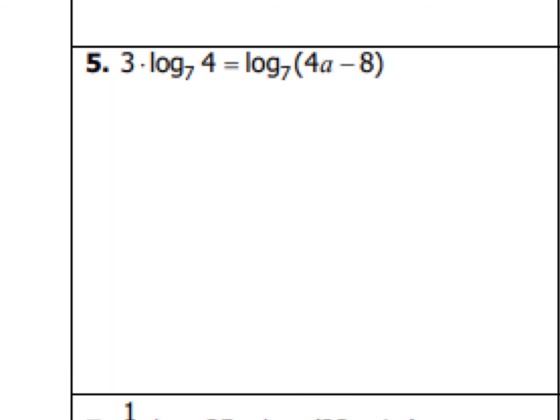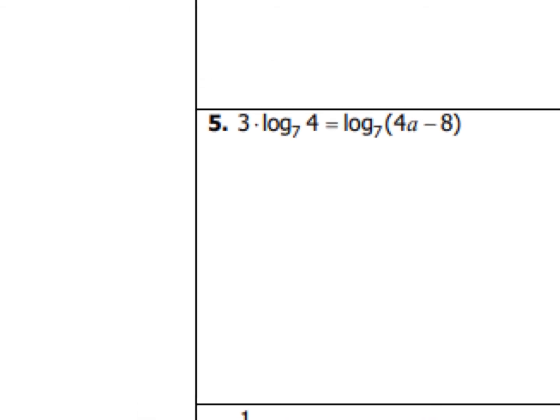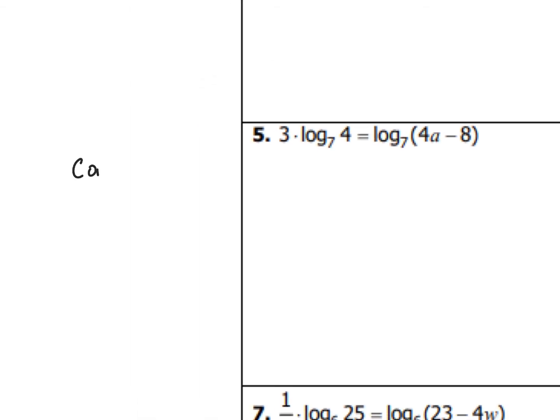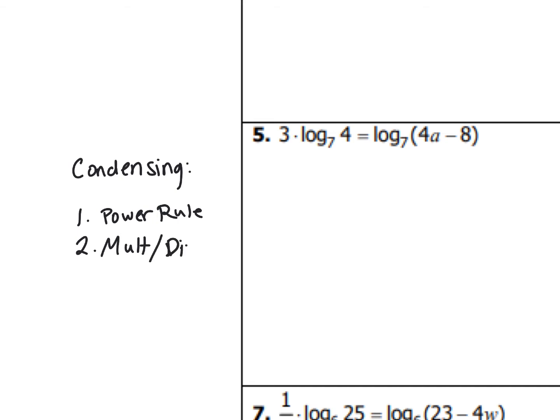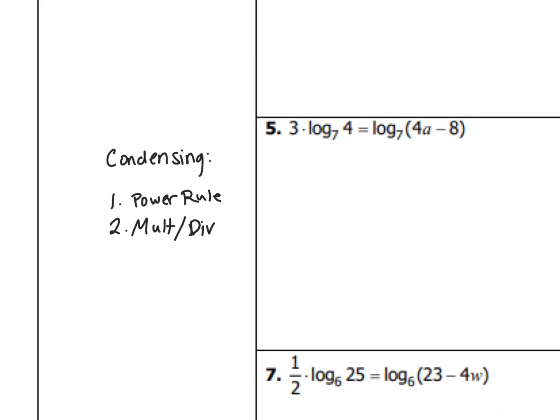If we are condensing, and that's one thing you might want to write to the side: when condensing a side, start with power rule first. Then you want to deal with your multiplication, division, whichever one comes first. So that is a good way to look at it, okay?